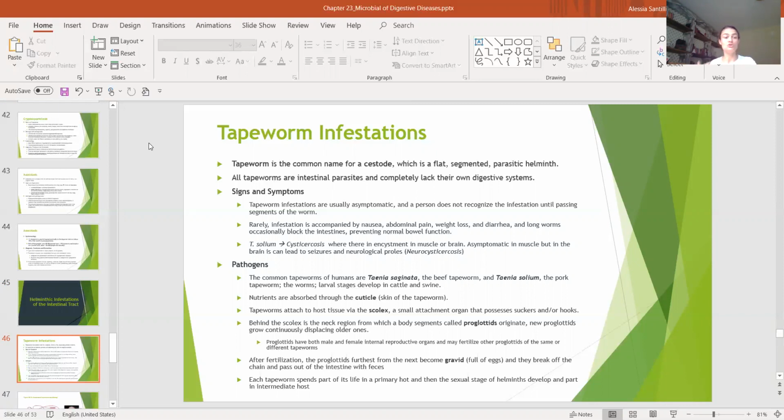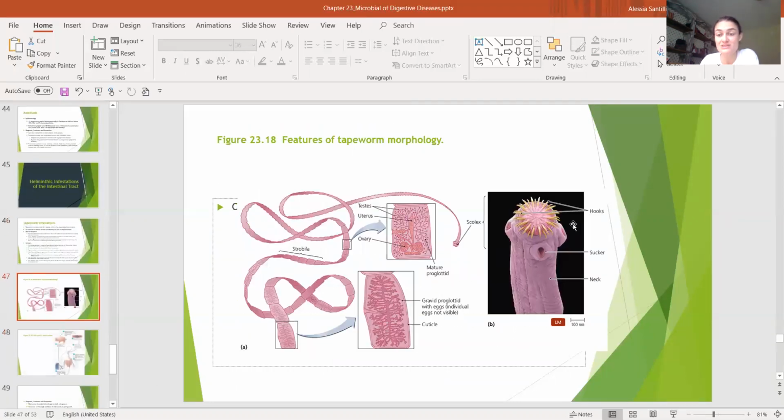You may think that it has a mouth because it has something known as a sucker, and then the hooks, which is what it actually uses to latch on to the lining of your small intestine or wherever. But it doesn't actually suck anything through the suckers. It doesn't eat through that. It eats by absorbing everything through its flattened body.